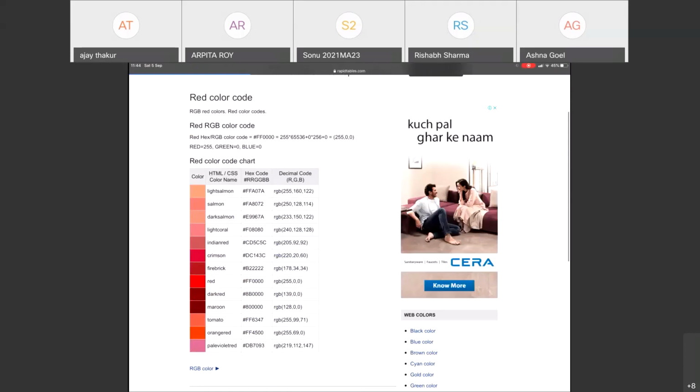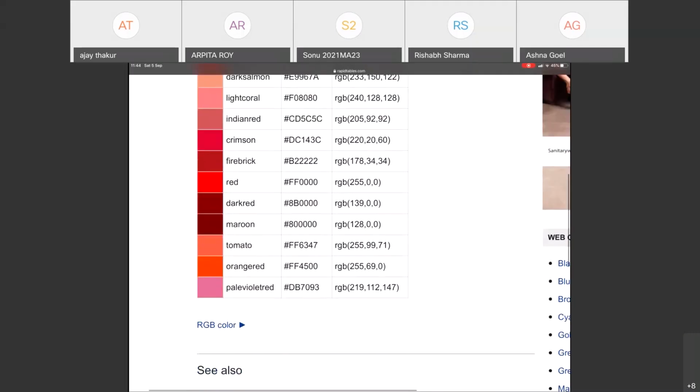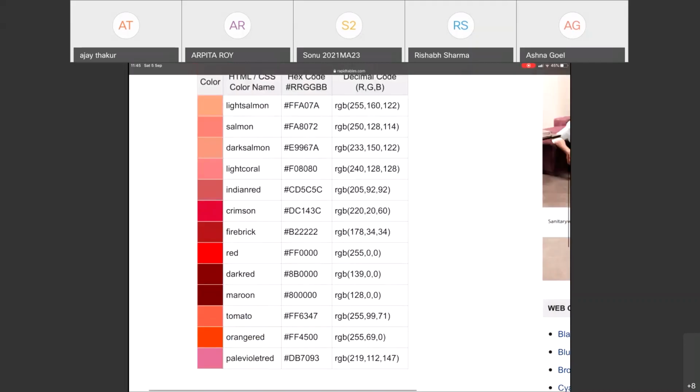Can you see the screen now? Yes, sir. So light salmon would be like 255, 160, 122, whereas maroon is simply 128, 0, 0, because this is a different shade of red.